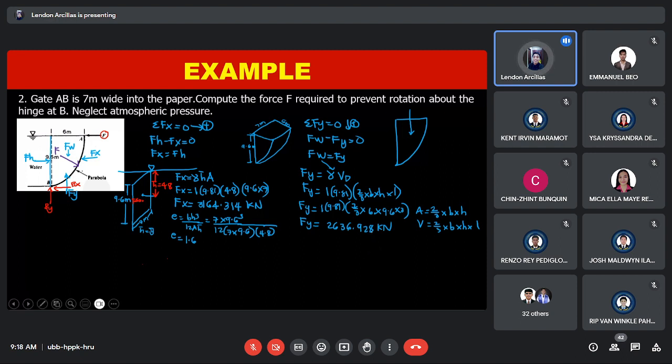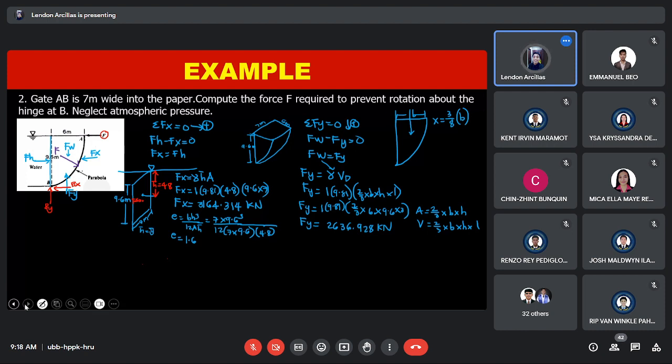The centroid of the parabola has the formula x equal to 3/8 of the base. Okay? 3/8 of the base. That is the centroid at the x.